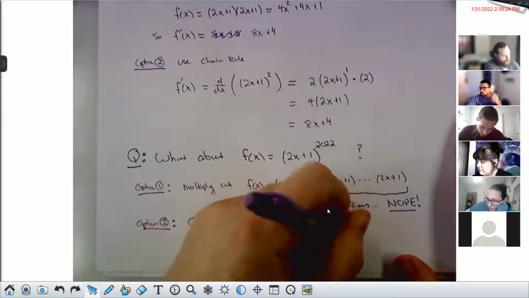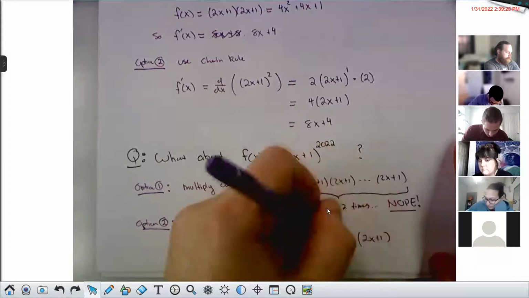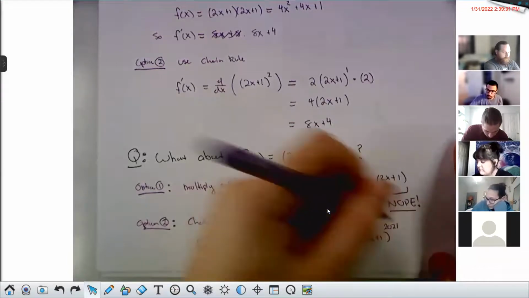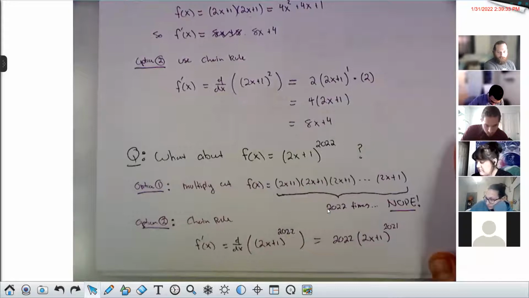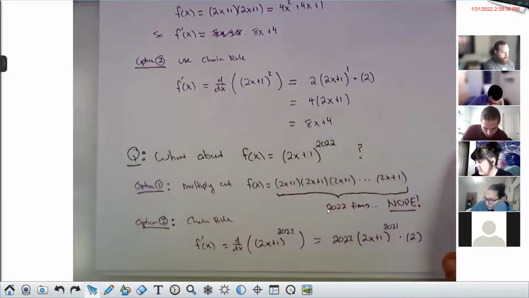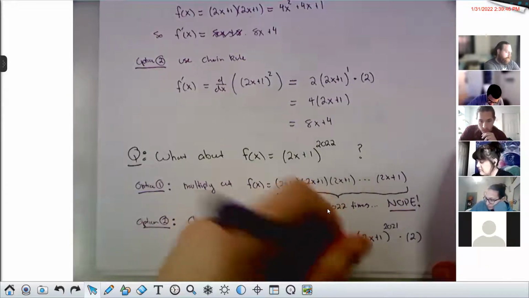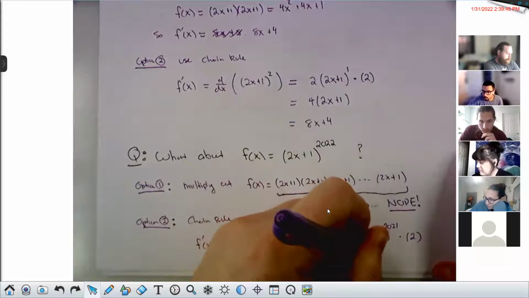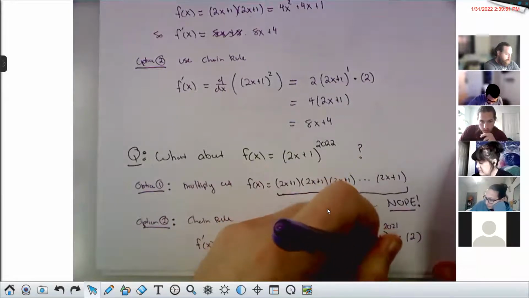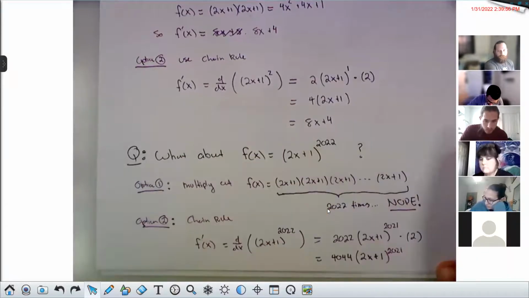So I apply the power rule to the outer part, leaving the inside alone, meaning I bring the power down and I subtract 1 from the power. And then I multiply by the derivative of the inside, which is still just 2. And you would get 4044 times (2x plus 1) raised to the 2021st power.